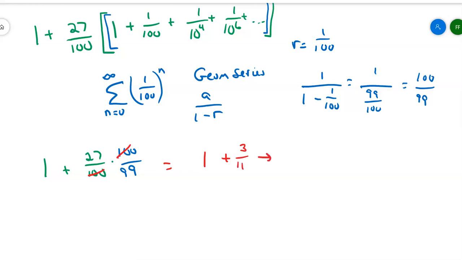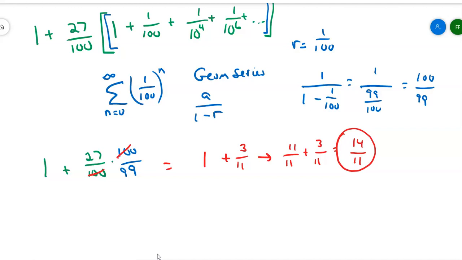Let's make ourselves a common denominator. 11 out of 11 plus 3 out of 11 gives me 14 over 11. So I've written that repeating decimal now as a rational number, meaning that that repeating decimal, 1.2727, even though it was clearly not terminating, was still a rational number because I can write it as a over b, where a and b are both integers.